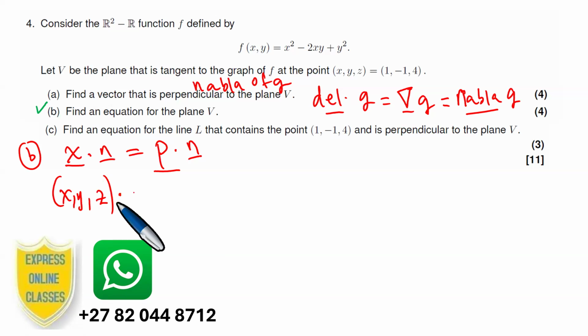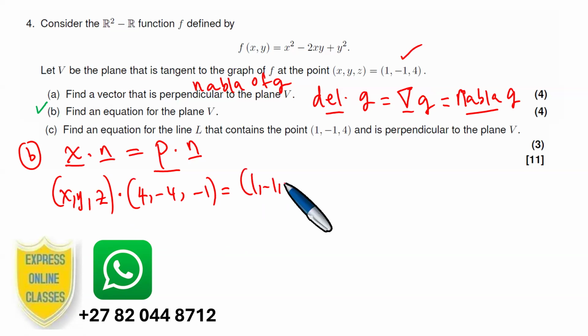times minus that. We take a point. This is the point, 1, minus 1, 4.